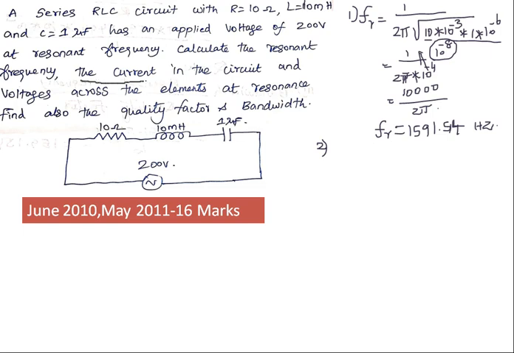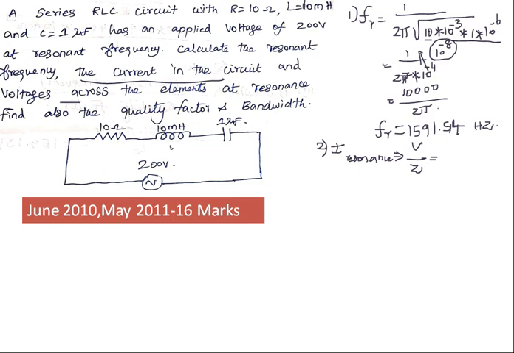What is the current in the circuit and the voltage across the elements at resonance? First, the current at resonance. Under resonance condition, the circuit will be purely resistive.